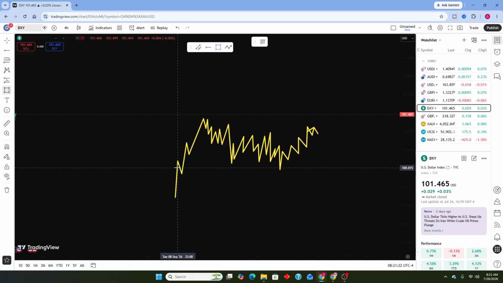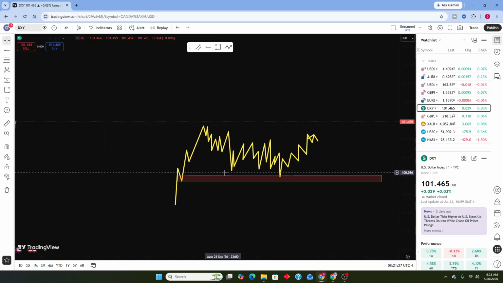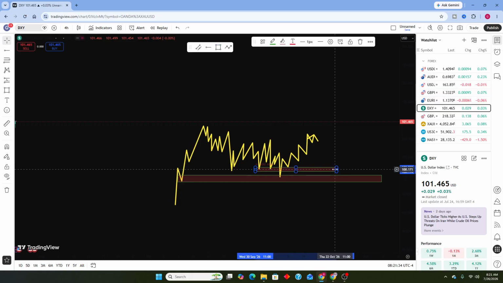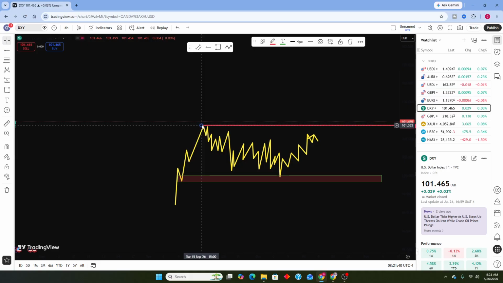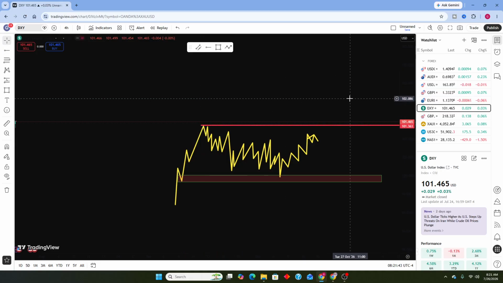Aggressive push started from here. We got a tap right there. This is hook curling right here, right? But we don't need to draw that because this box right here is determined. All we can say is break of these highs were good for buys. Because although it hit the top and now it's coming down, it bounced off of here and now it's hook curling. Right or wrong?